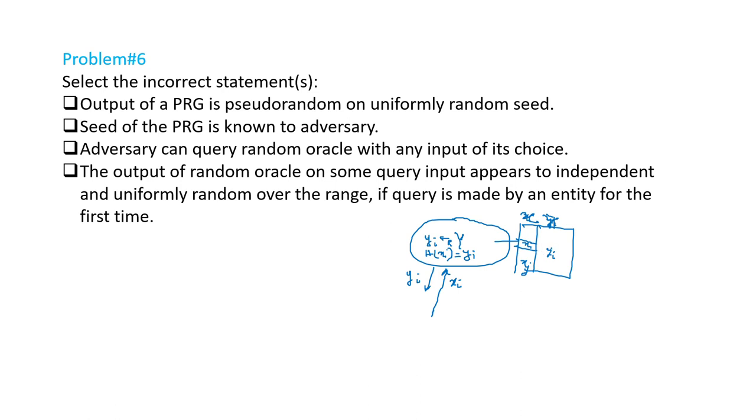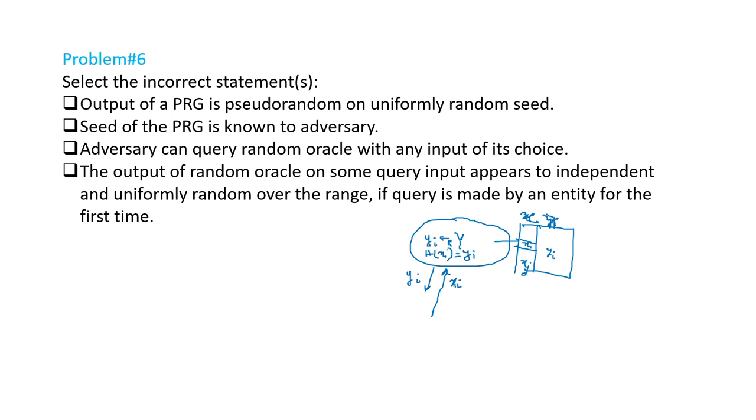So it is always the case that for a newly queried input, the oracle samples a uniform random value, which is independent of the previous outputs. That value is chosen and returned. That is why the random oracle output on some query input appears to be independent and uniformly random over the range.